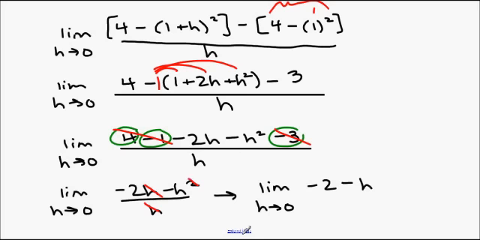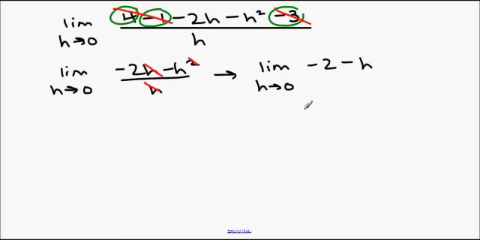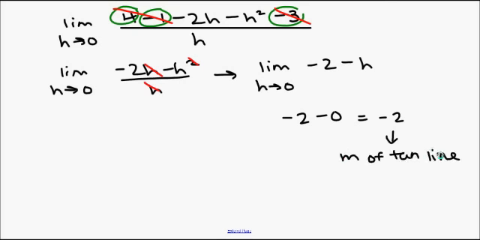Okay, and again, to calculate this limit, we're going to plug in a 0. So we get -2 minus 0 is -2. Okay, so this is the slope of the tangent line. But I know that I'm looking for a normal line.